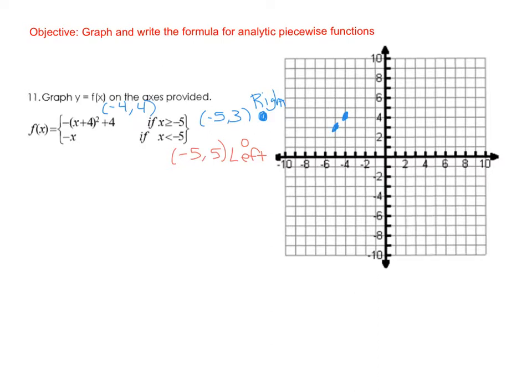So then from here, I'm going to go over 1, down 1, over 2, down 4, over 3, down 9. So what's that? That's 4 right there. So there's my parabola. And then -5, 5. So we are here.